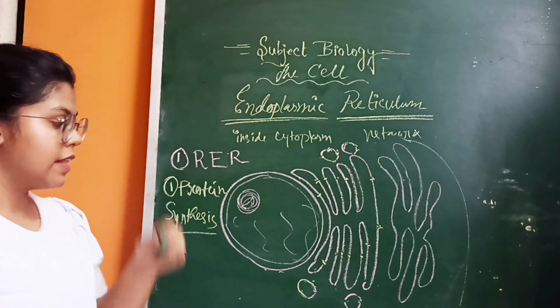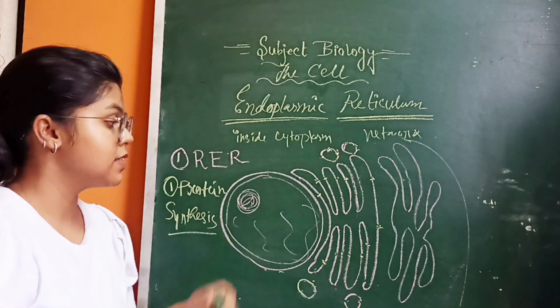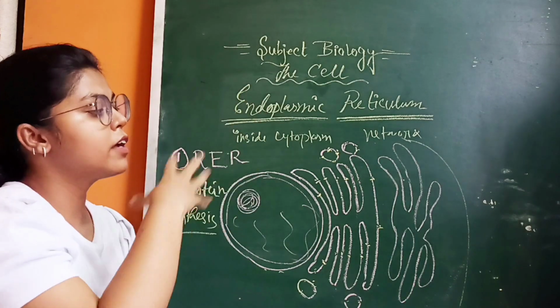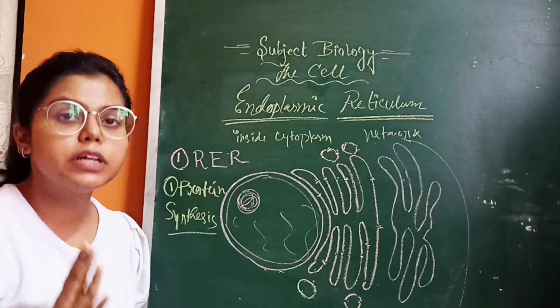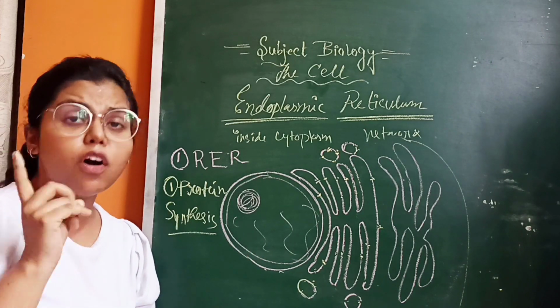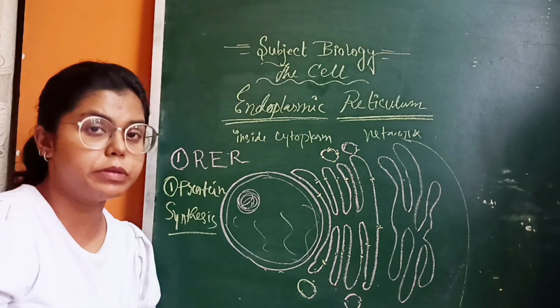So when the mRNA is formed in the nucleus, in case of eukaryotic cells, these organelles are present only in eukaryotic cells. ER is not present in germinal cells, and also it is not present in mature mammalian RBC.